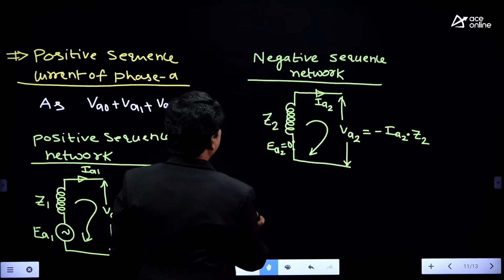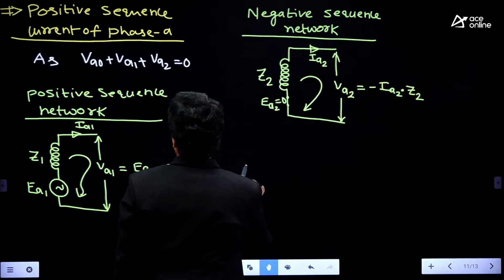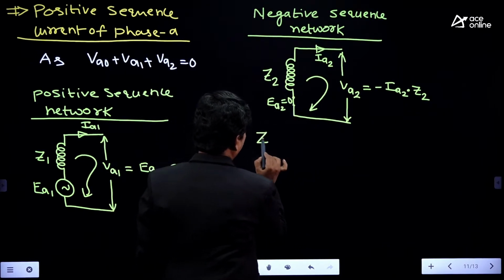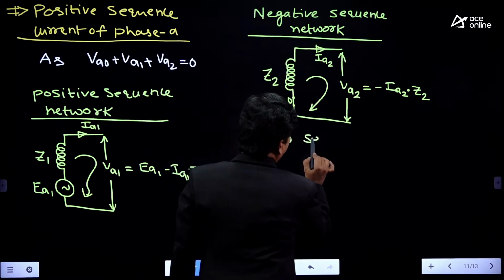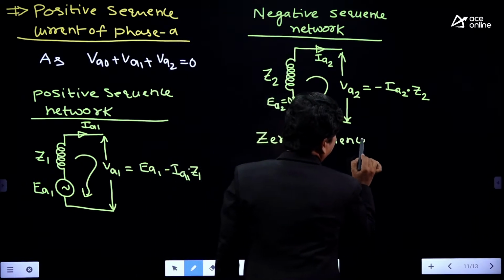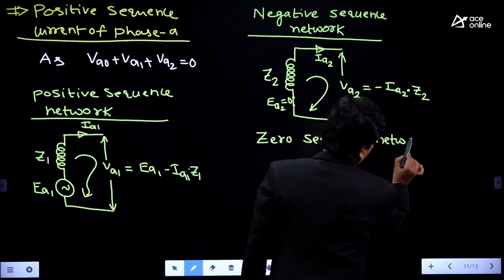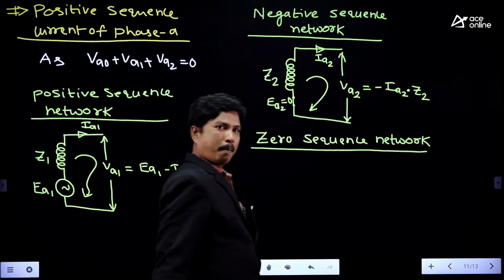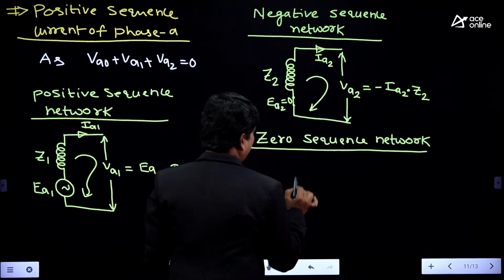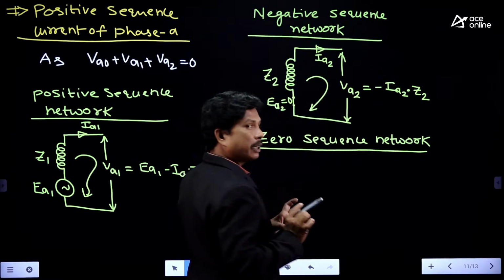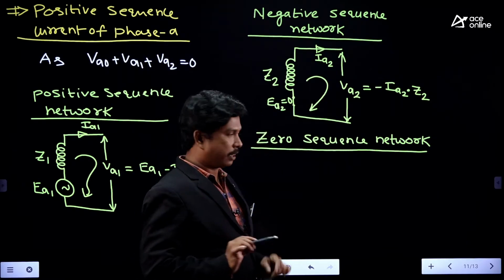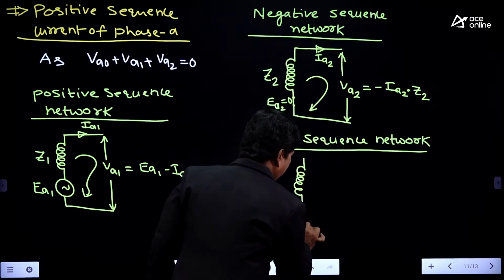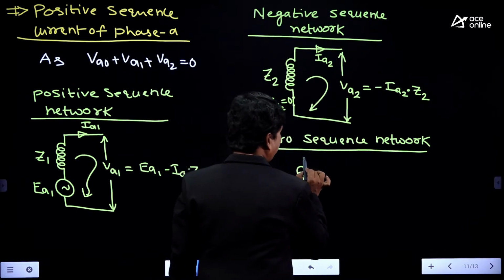And similarly, the zero sequence network. In case of the zero sequence network, the current flowing through the neutral wire of the generator is 3 times IA0, so the zero sequence impedance and the neutral impedance both you have to write.